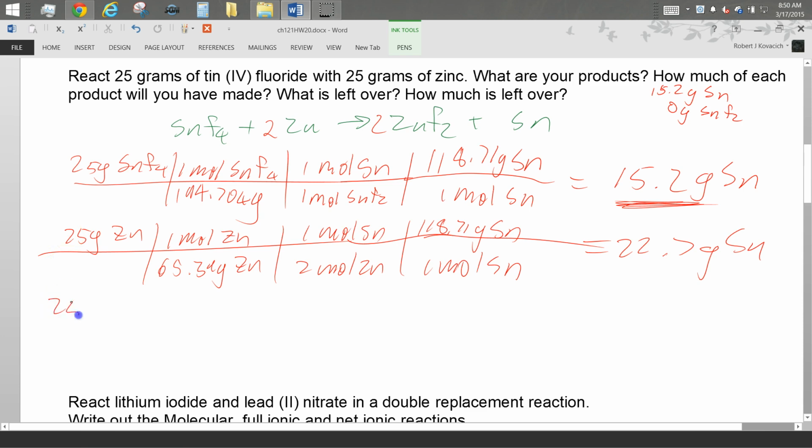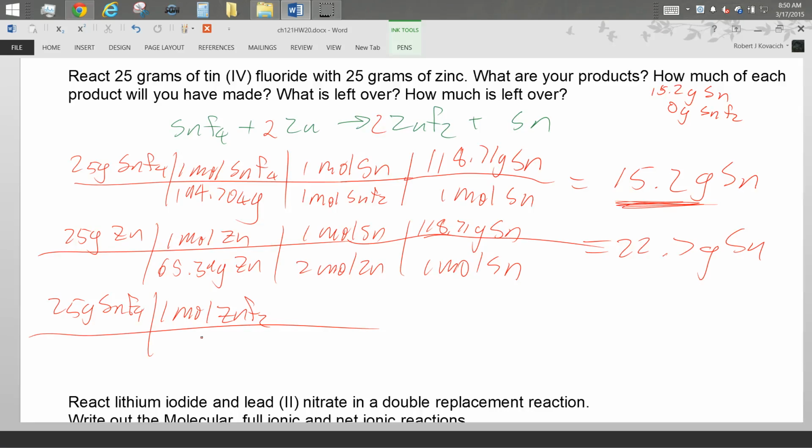I need to take my 25 grams of tin 4-fluoride and 1 mole of, in this case I'm going to go to zinc fluoride, and it's 65.39 plus 18.99, 8403 times 2. And that'll be 103.387 grams.